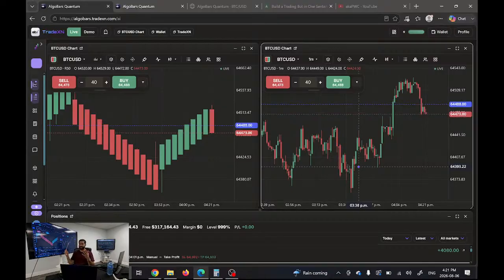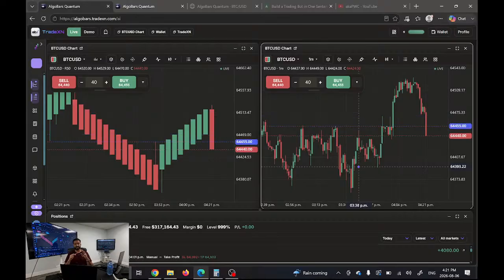Very simply, step 1 is we enter at the range bar reversal. You can see right here, when the range bars go from red to green, as soon as this bar closes, that's where we're going to be entering. If we get a little pullback, we get a better price, that's excellent. Or we can enter right at the candle close, the first one. There we go. As soon as we enter our trade, remember, we need to risk less than 1% of our balance.